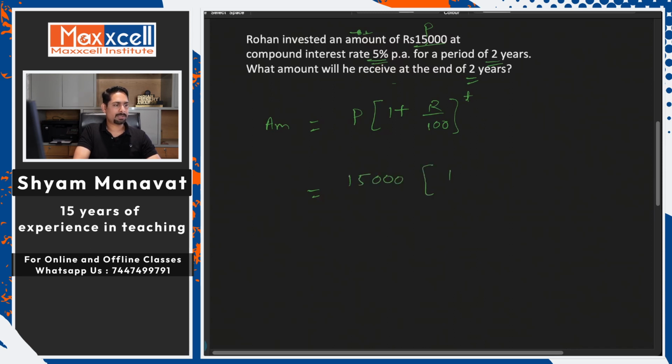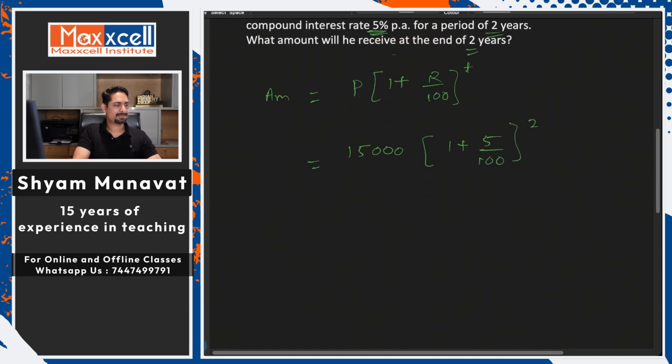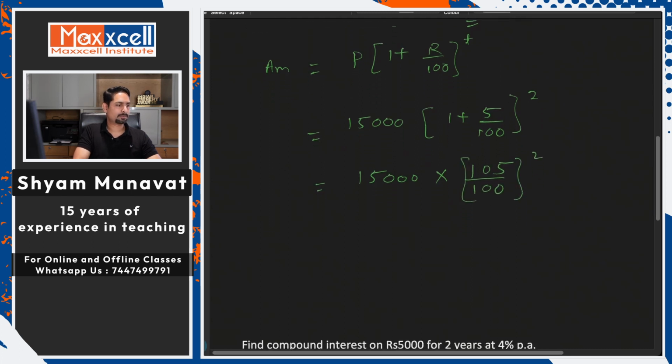Just substitute the values. Rate of interest is 5% here. Time is 2 years. So 15,000 into 105 by 100 to the power 2.